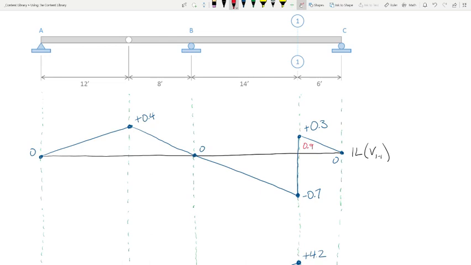Is that okay? Now this one right here, let's see, it is 0.7 times 14 over 2. 0.7 times 14 over 2 is 0.7 times 7. That is 4.9, but it is negative 4.9. Is that okay? Okay, and can somebody help me with this?